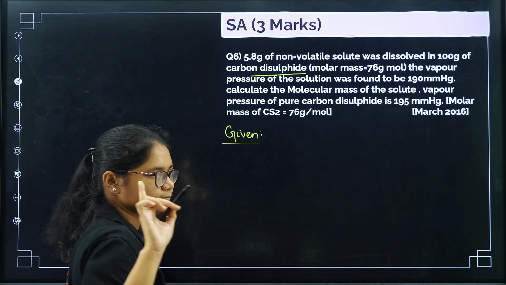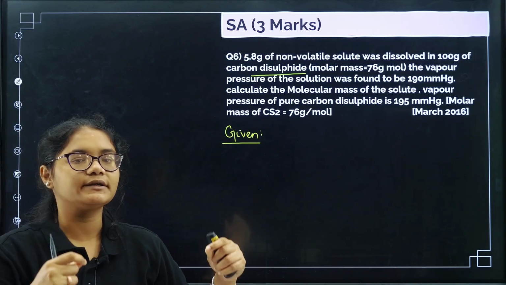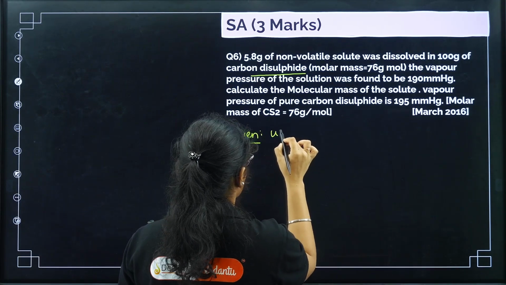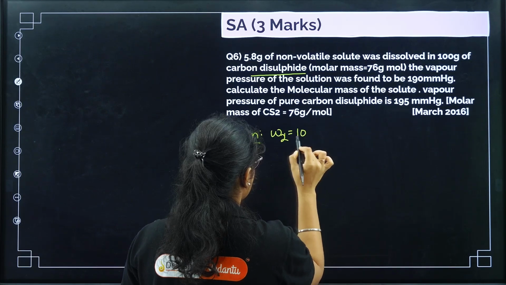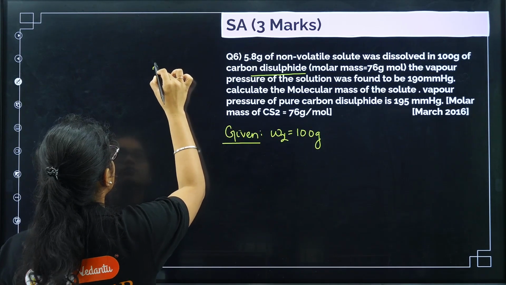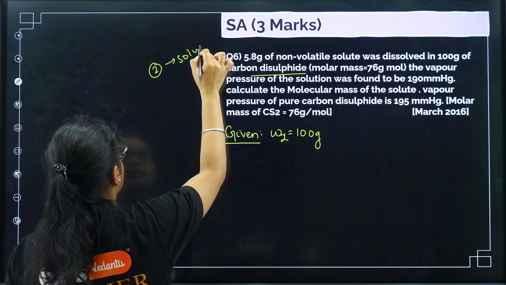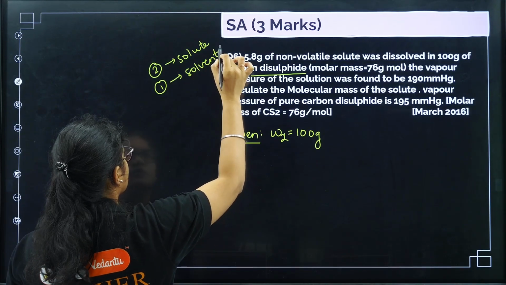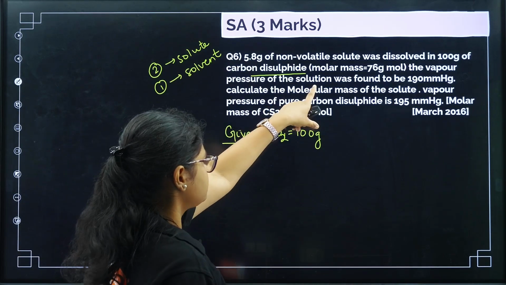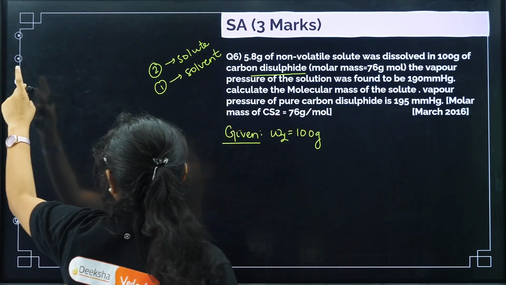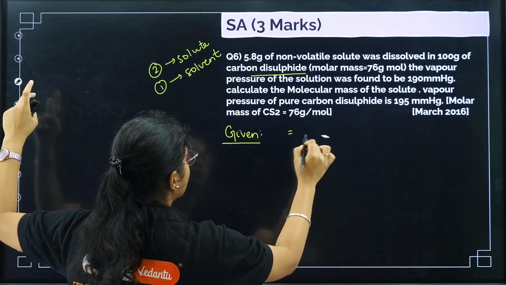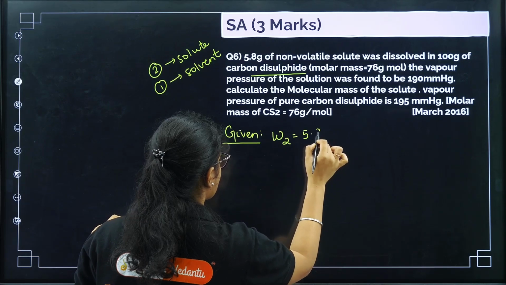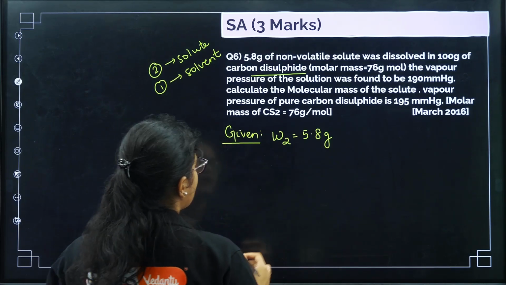First, step number 1, write down all the data that is given to you. So if you see, we have 100 gram of carbon disulfide. Remember, 2 is used for solute and 1 is used for solvent. So W2 is 5.8 gram, and W1 is 100 gram of carbon disulfide.